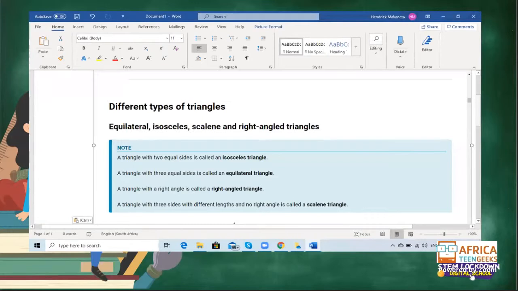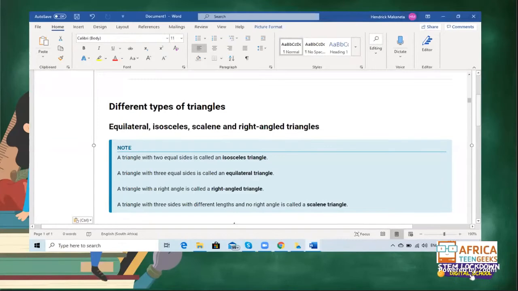the interesting thing here is that you need to also understand the type of triangles which you are working with. For example, we have the equilateral triangle, the isosceles triangle, the scalene, as well as the right-angled triangle. We all know by now how to define the isosceles triangle.